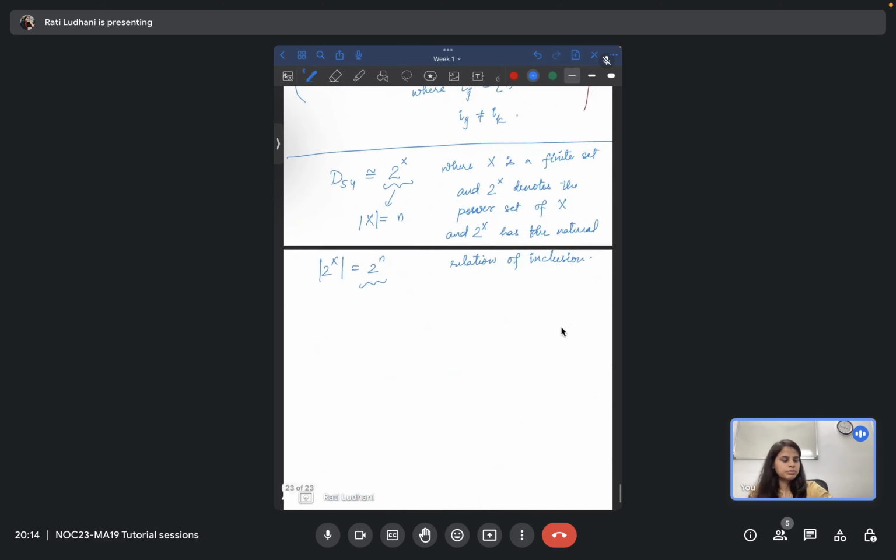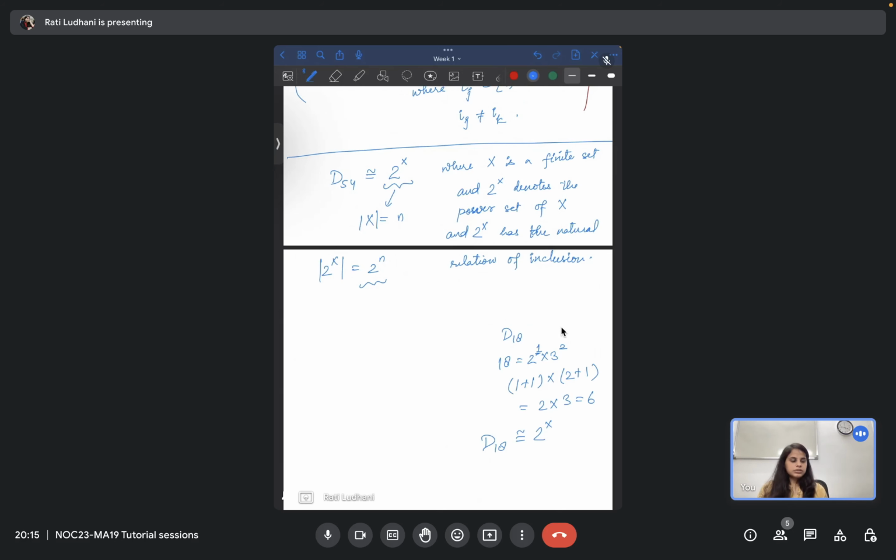You can check, for example, D18: you can write 18 as 2 into 3 squared, so the number of divisors is (1 plus 1) into (2 plus 1), which is 2 into 3, so this is 6. It does not need to be a power of 2, so we fail there. If you are asking whether D18 is isomorphic to some power set, you cannot write it because the number of elements are not matching.